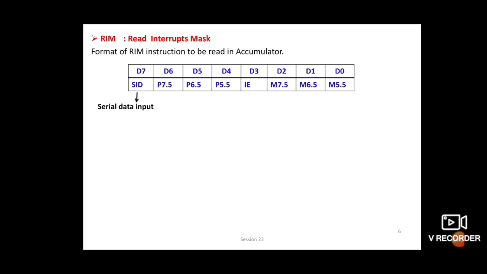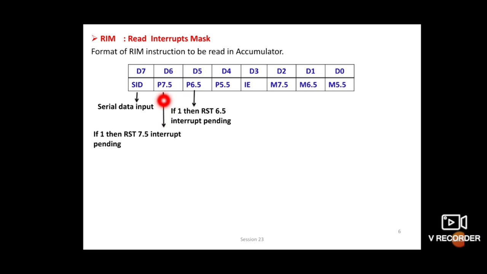Now next, whether RST 7.5, RST 6.5, RST 5.5 are masked or not. Means D0, D1 and D2, these pins are checked whether masked or not. Before that, see P7.5.